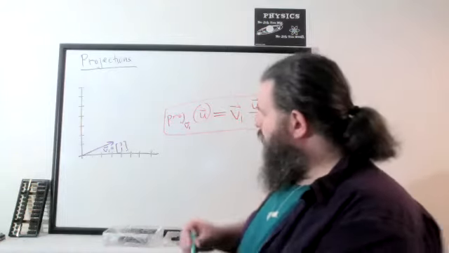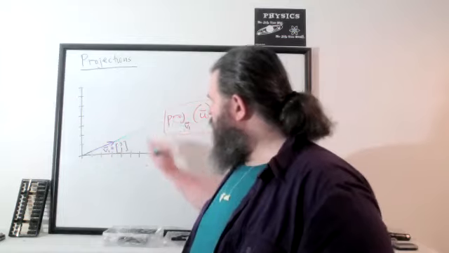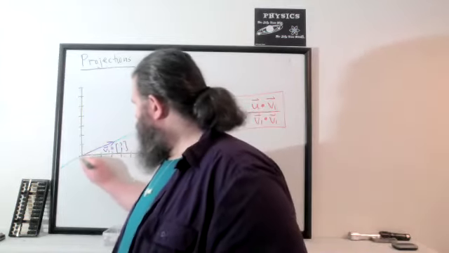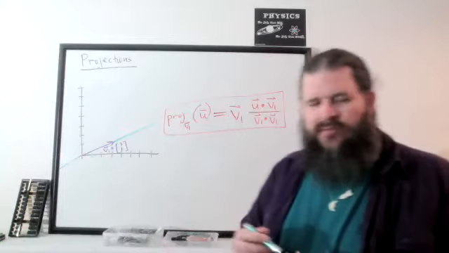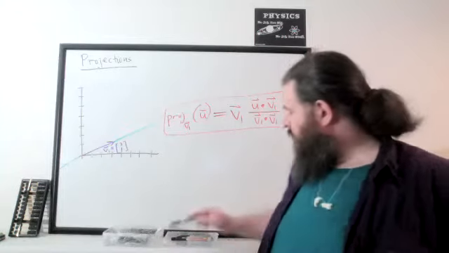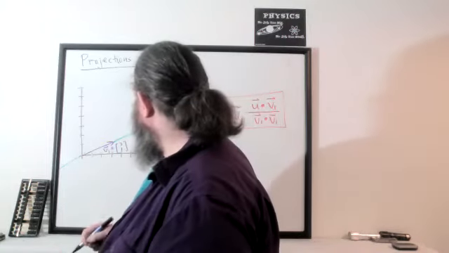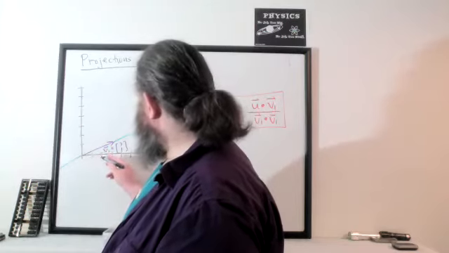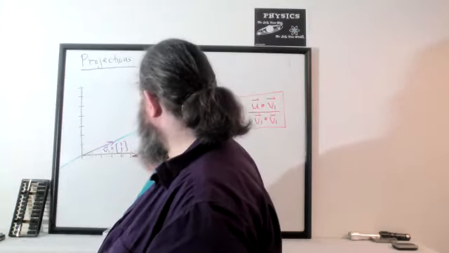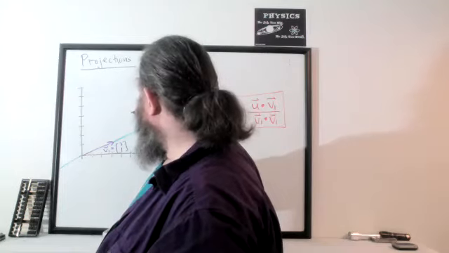So let's say we have a vector 3, 1 that establishes a line. And we want to project another vector onto that line. Let's say we have the vector, let's say 5, 3.